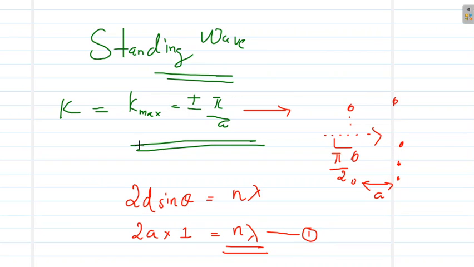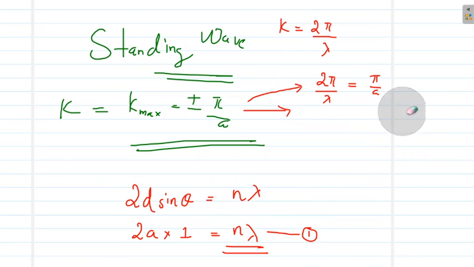So 2a into 1 equal to n lambda is the Bragg's condition if a vibrating wave is propagating through the crystal. Now let us look at this condition here. We know k is equal to 2 pi by lambda, right? So the condition for the standing wave within a crystal in the case of a vibrating wave can be rewritten as 2 pi by lambda is equal to plus or minus pi by a.